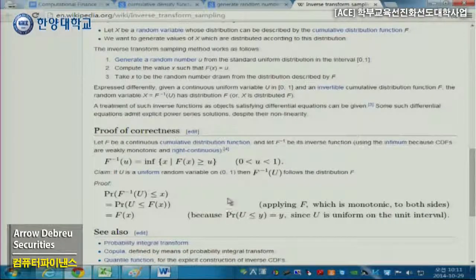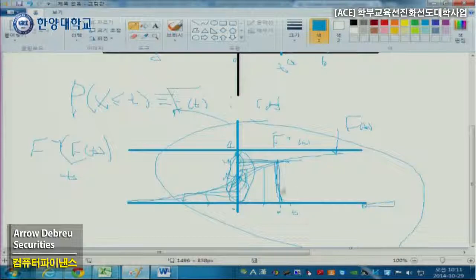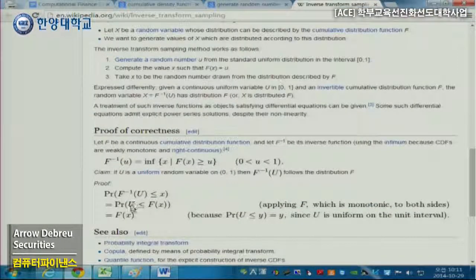If we pick a random number such that this is less than x, that is the probability that the uniform random variable is less than F(x), because F inverse of F is identity. So this should be exactly equal to F(x), because it is the uniform distribution, right?